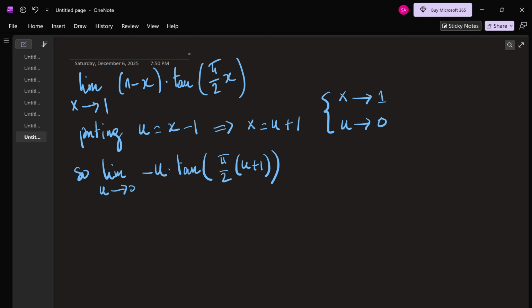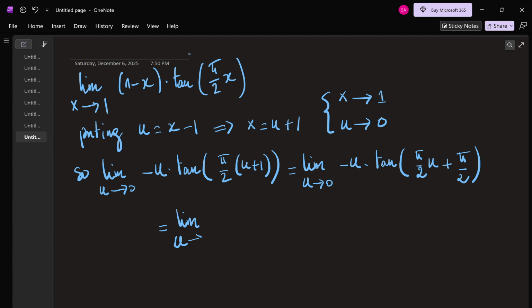So this is equal to the limit when u goes to 0 of minus u times tangent of pi over 2 u plus pi over 2. Using the trigonometric relations when u is going to 0, here we have minus u times the tangent.